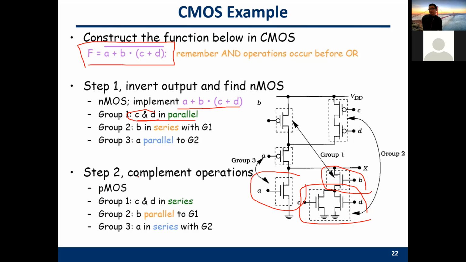So step 2 is to do the complement operations, which you can apply the De Morgan law here. And then you can use PMOS to implement everything here. So let me give you an example of the De Morgan law.